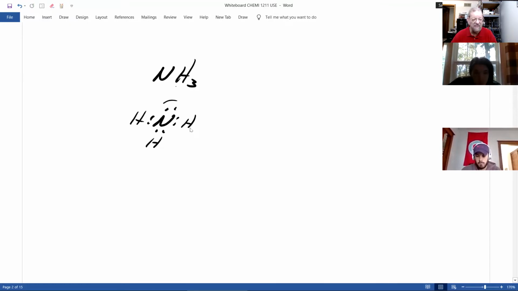And notice right up here, unlike carbon, we have non-bonding electrons. And for the most part, they're usually not involved in a chemical bond.